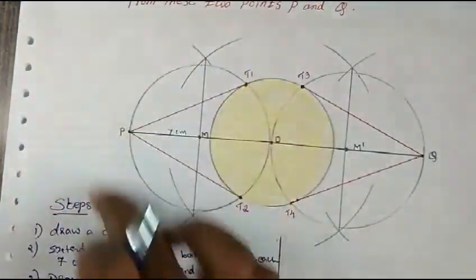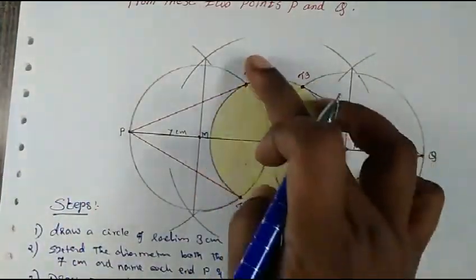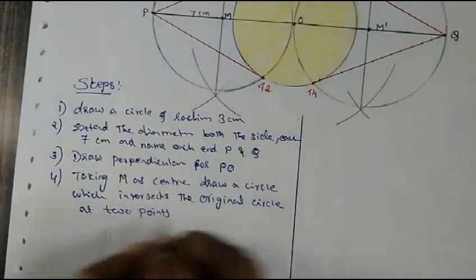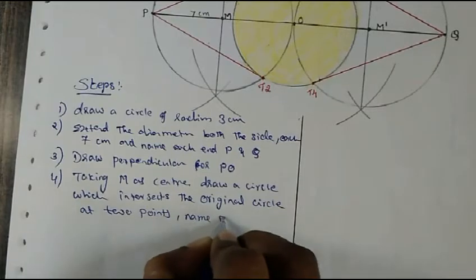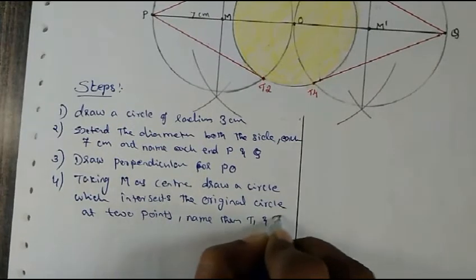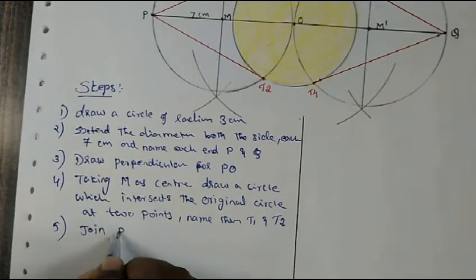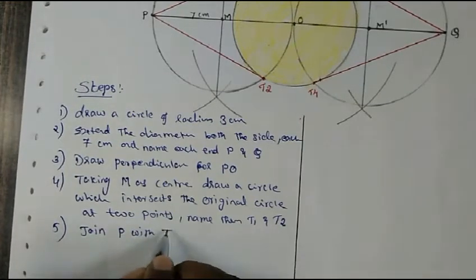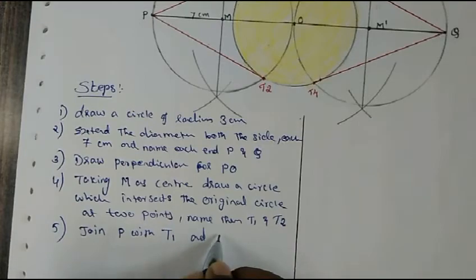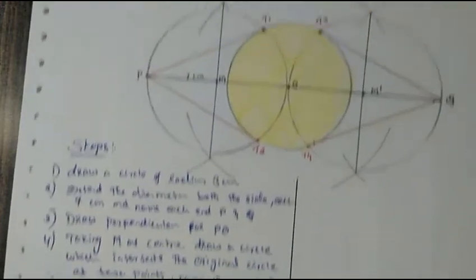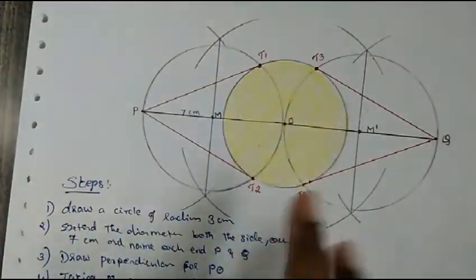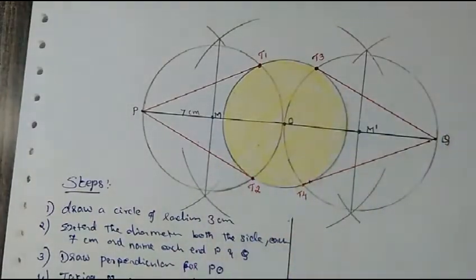Name them T1 and T2. Then join P with T1 and T2. So we join that. Write the same way for the other side also.